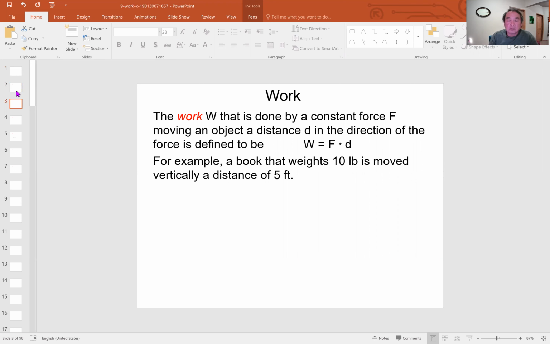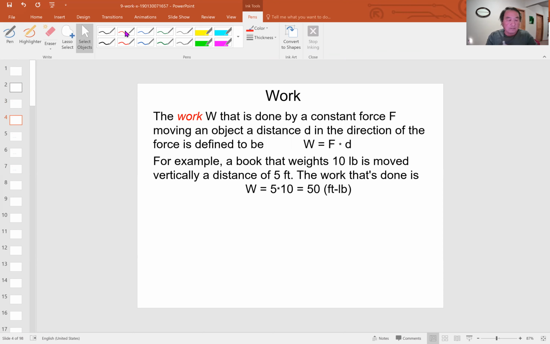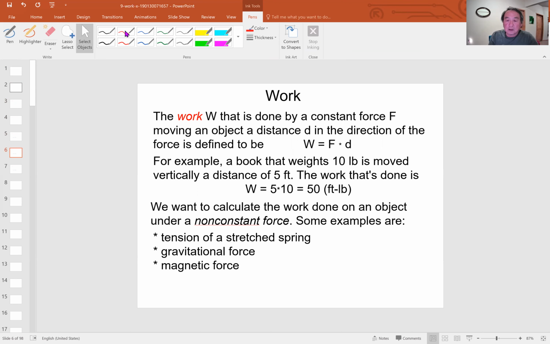Suppose the book is 10 pounds, and I want to pick it up and lift it 5 feet. Then the calculation of how much work is required is 5 feet times 10 pounds, or 50 foot-pounds.